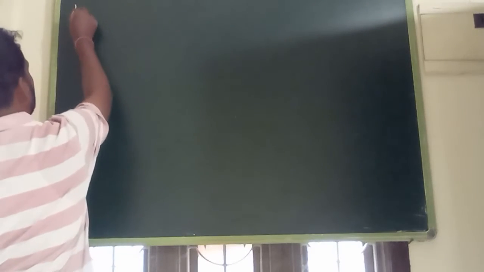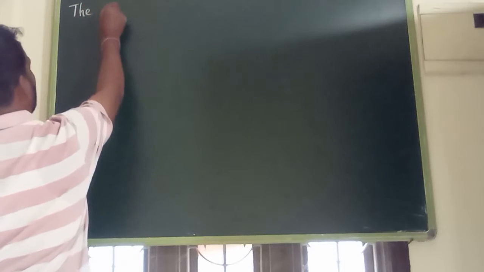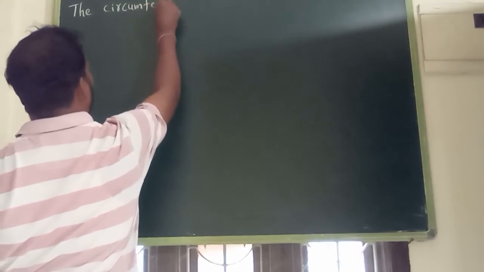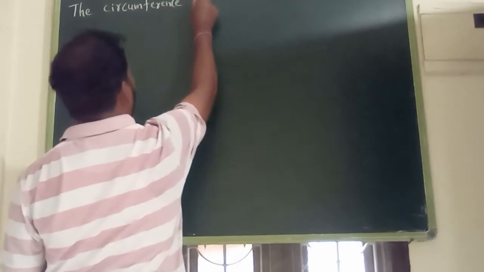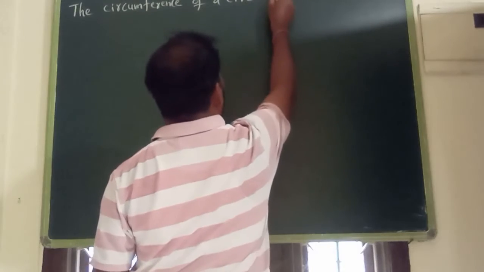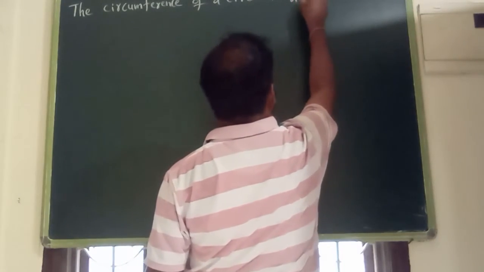The circumference of a circle is 22 centimeters.